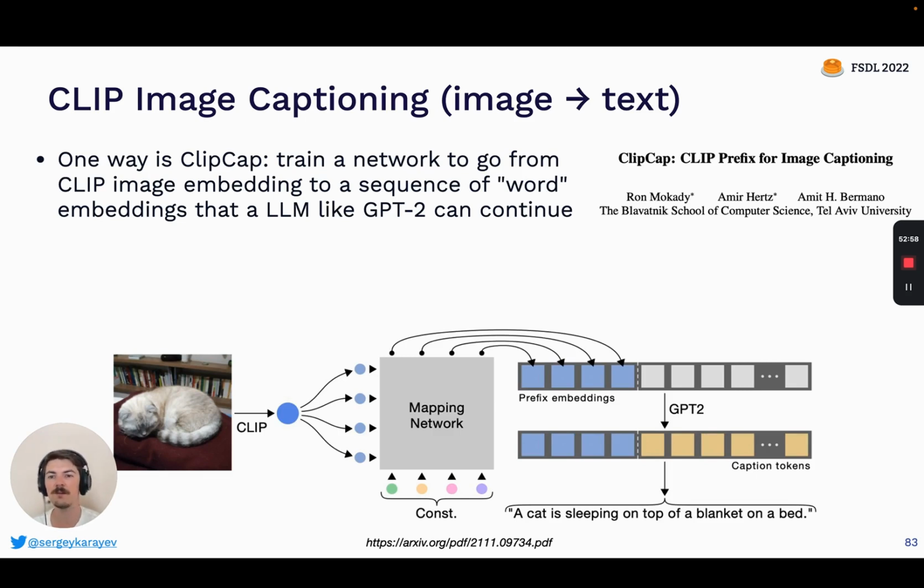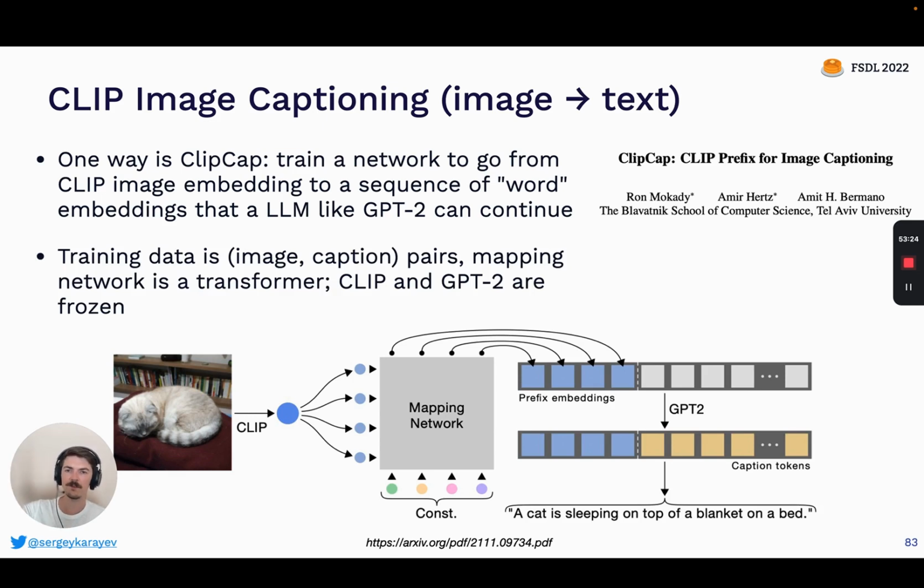So one way you could do it is a paper called ClipCap. What you do is you train a new network to go from the CLIP image embedding to a sequence of word embeddings that you can then feed to a large language model like GPT-2 or 3. And then that language model basically sees like the fake words from the image, and then it proceeds with the actual caption.